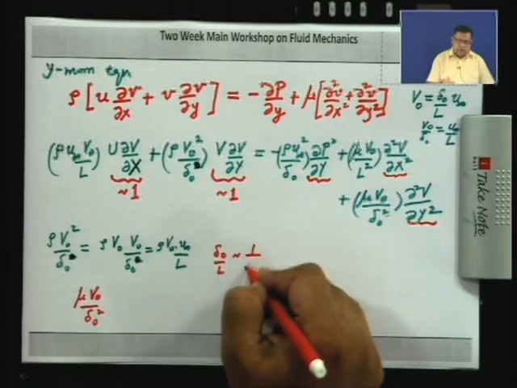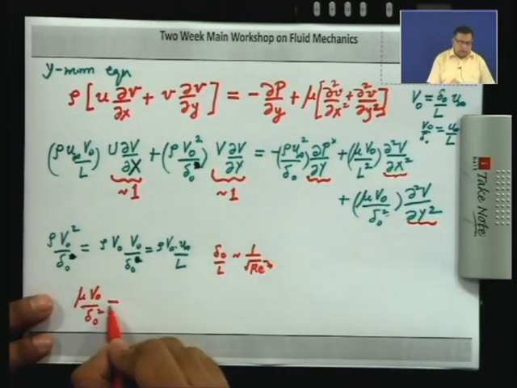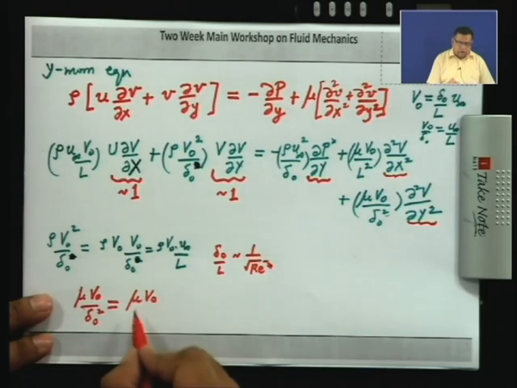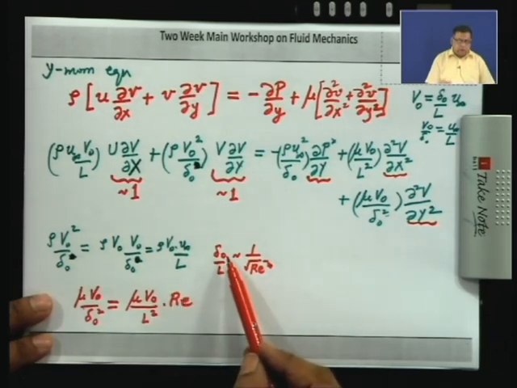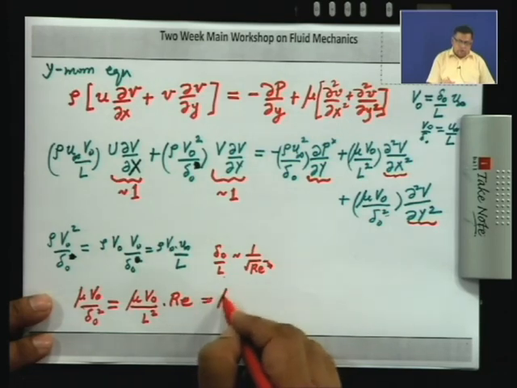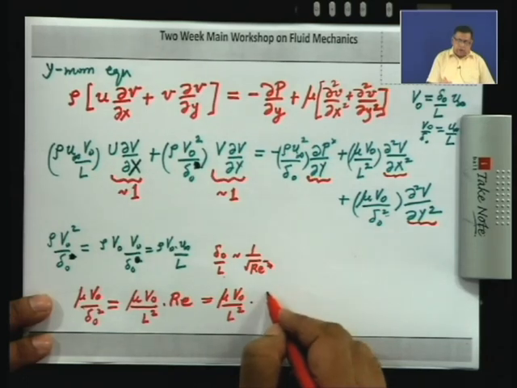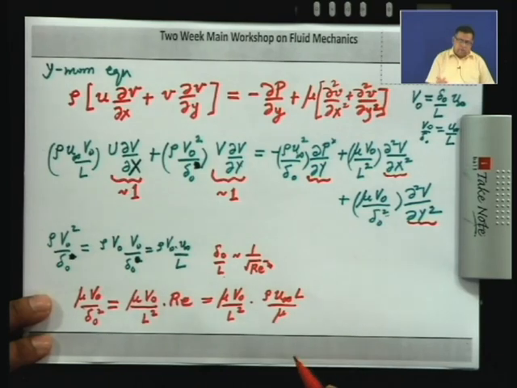Delta naught square by L square is order 1 by Re. So, this quantity I can write as mu into V naught by L squared into Re, because delta naught square by L square is 1 by Re. So, this is mu into V naught by L squared, and this one I can write as rho u infinity L by mu.